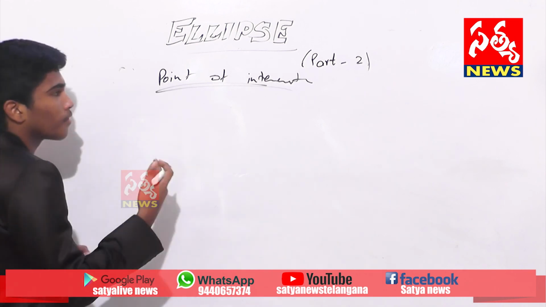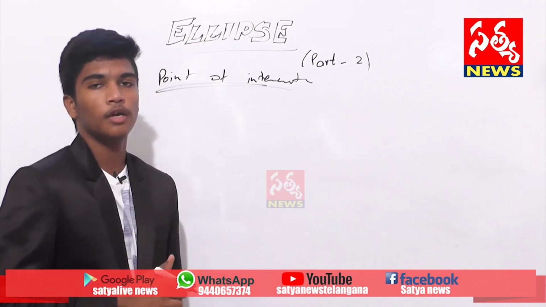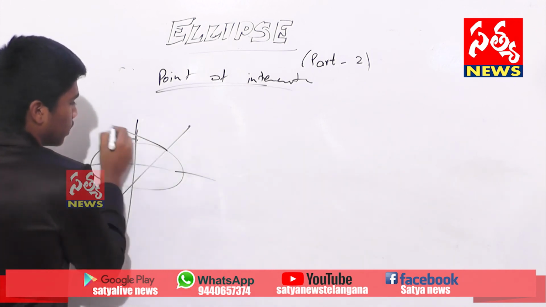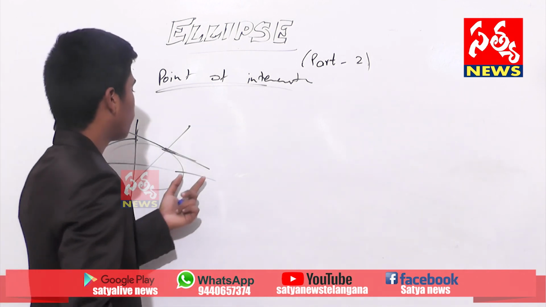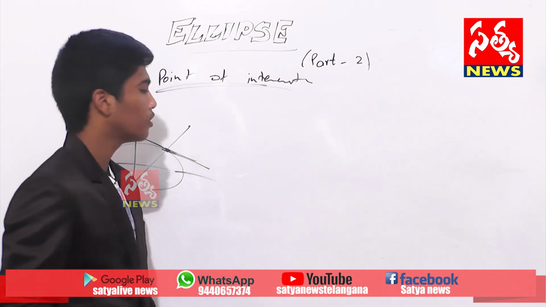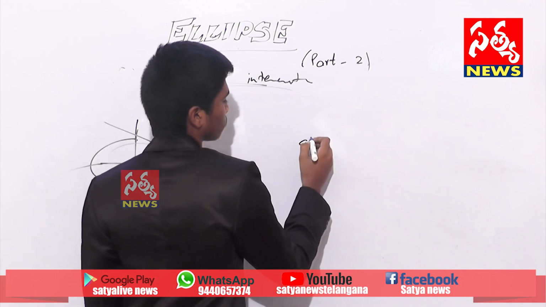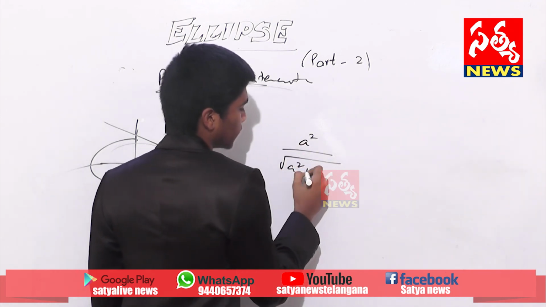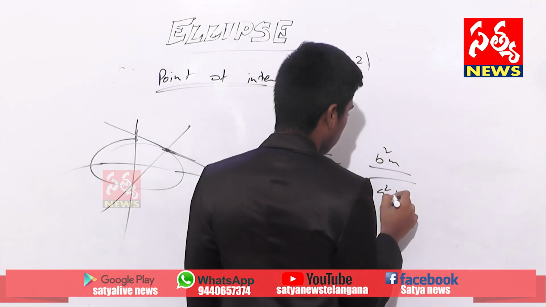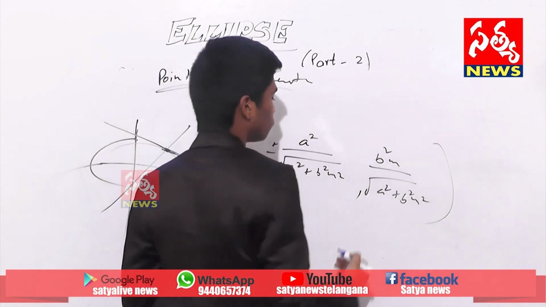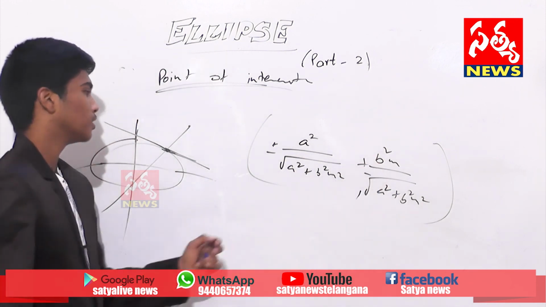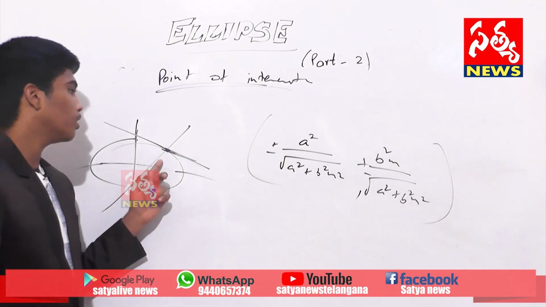And similarly here also, for finding the point of intersection of the normal and the ellipse, for finding this point, in terms of the normal, it is a square by under root a square plus b square m square, here plus or minus b square m by under root a square plus b square m square. These are the coordinates where the normal touches the curve.